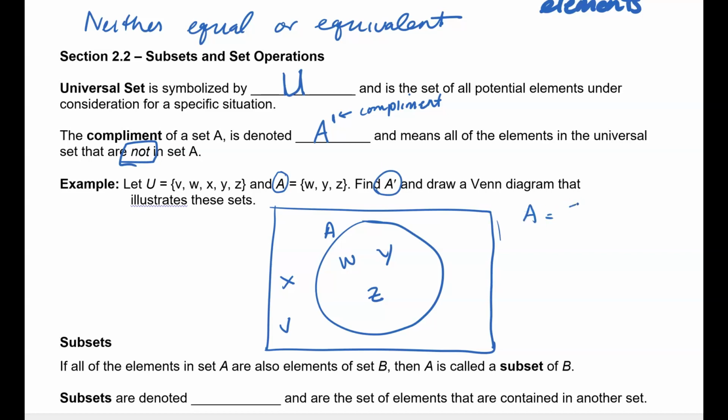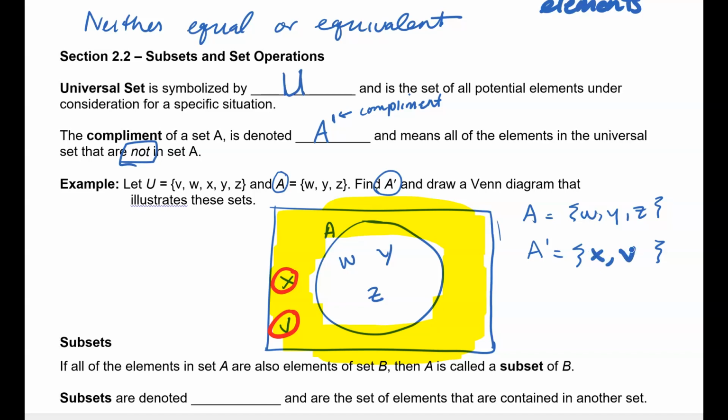If A is the set W, Y, Z, then the complement would be the set of elements that are not in A. In terms of the picture, it would mean the outside, everything that's not in A, which would be the X and the V. So not in A would be X and V. It was important that we knew what that universal set was, because otherwise, if we only had A, we wouldn't know what went on the outside of the circle.